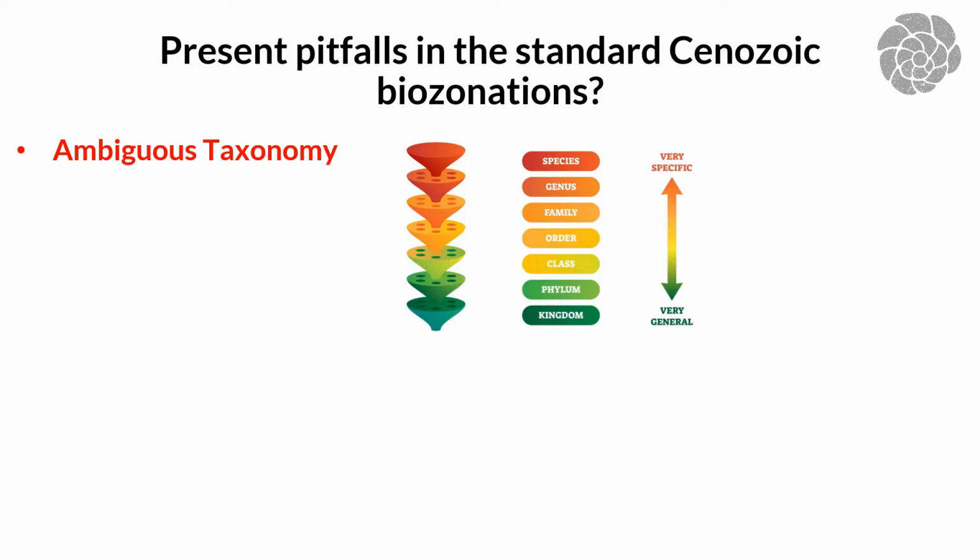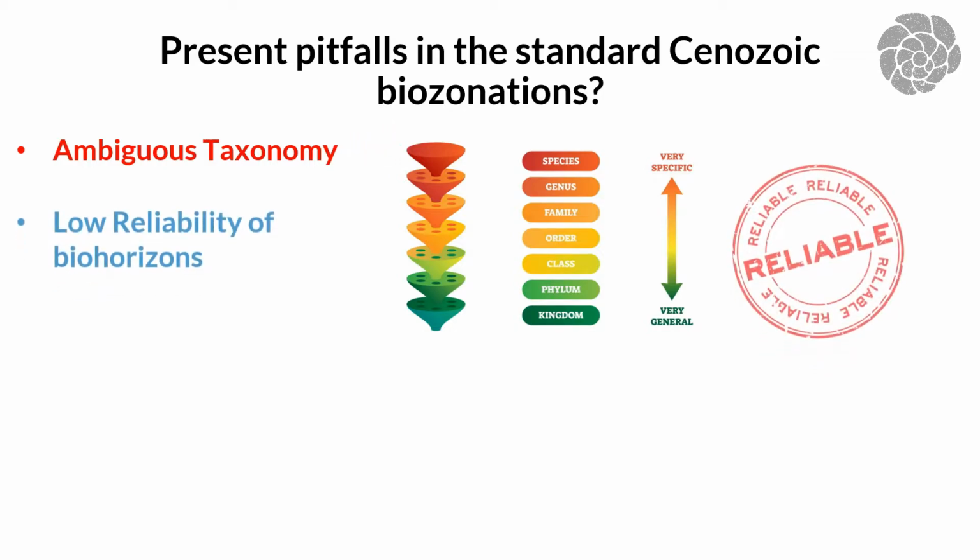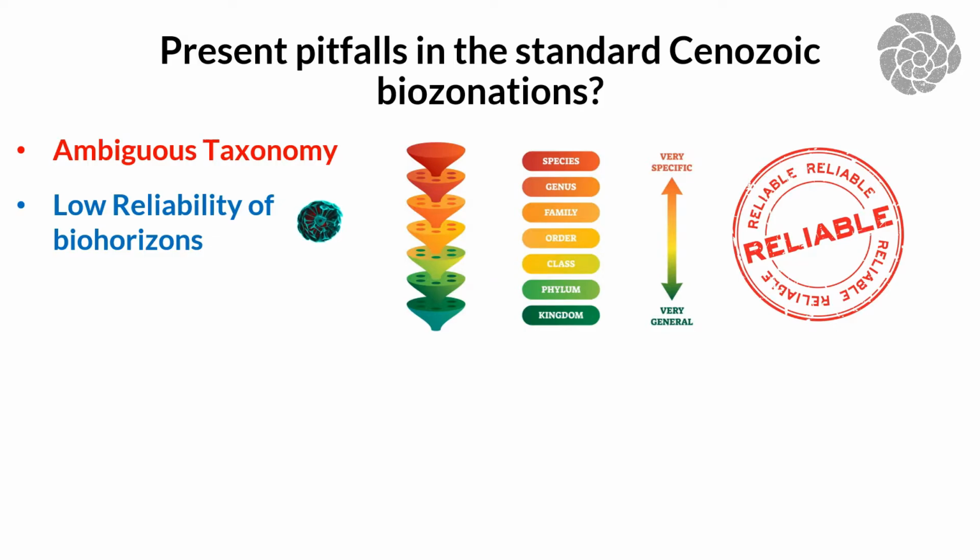The first category deals with ambiguous taxonomy. That is important, and we will see why. I will give an example for each of these categories. And then the low reliability of biohorizons, for example the question that Abel just made, about the synchronicity of biohorizons.